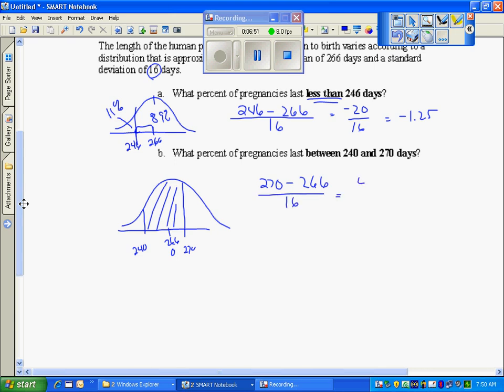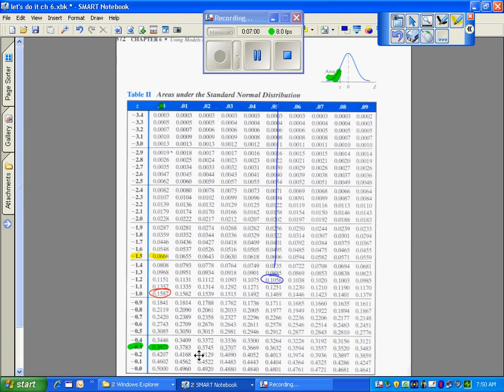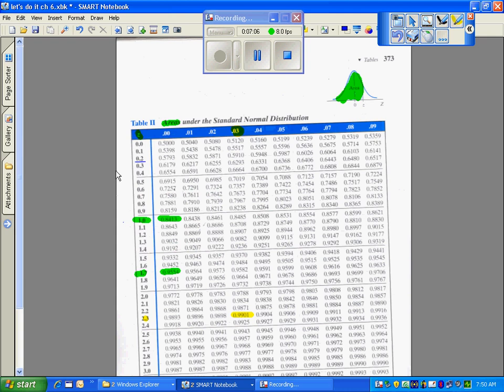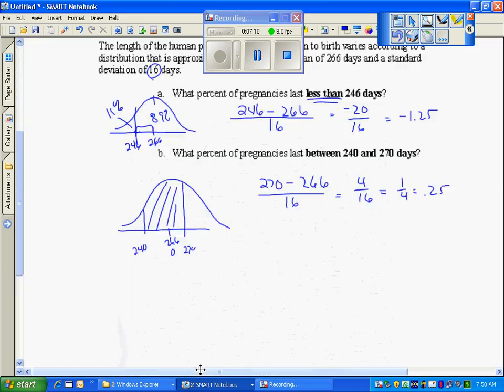That's 4 over 16, which is 1/4 or 0.25. Going to my table, looking up 0.25 on the positive side, 0.2 and then the 5, which is about 60%. So this area right here is 60%, and we knew it would be slightly bigger than a half.